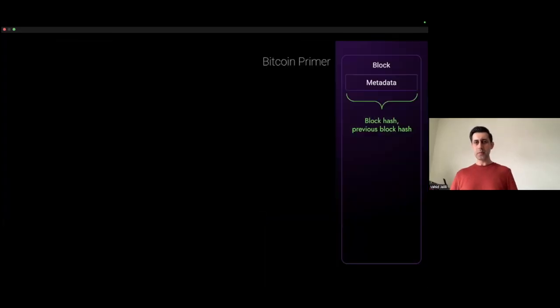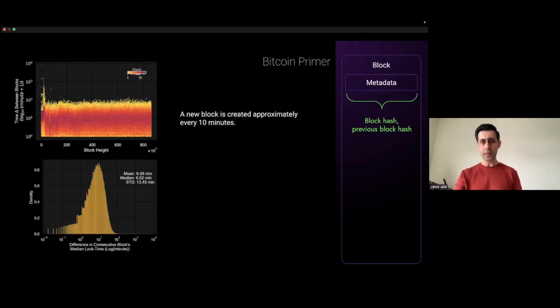Okay, just a little bit of background on Bitcoin. As you know, it is a blockchain, and each block has a section called metadata. There is a lot of information in the metadata section of a block, but two of the most important pieces of information here are the block hash and the hash of the previous block. We know that roughly every 10 minutes, a new block is generated, and these two plots basically show that.